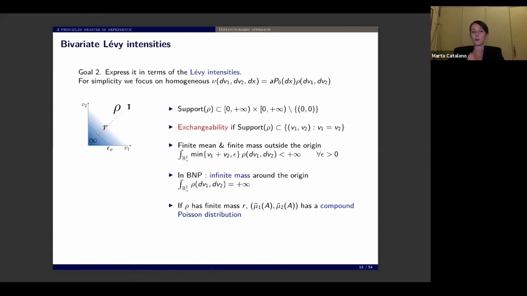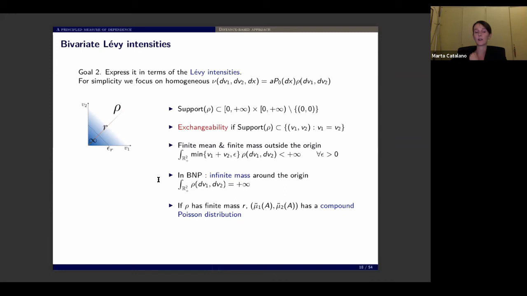Also, if you restrict to looking at the Levy measures, there are some general properties that characterize all measures rho. In particular, they have to have finite mean and finite mass outside of the origin. Then they are allowed to have infinite mass in a neighborhood of the origin.